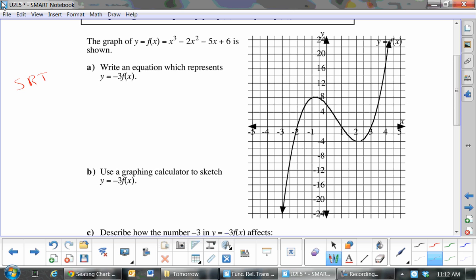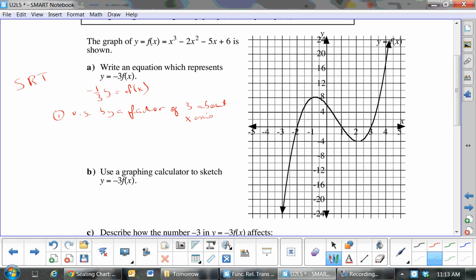So I am first going to do my equation correctly. So that negative would come to the other side, and 3 comes to the other side, will be 1/3 y equals f(x). Now I'm very confident that nothing belongs with the x. So the 2 things that happen is, number 1, I have a vertical stretch by a factor of 3 about the x-axis.